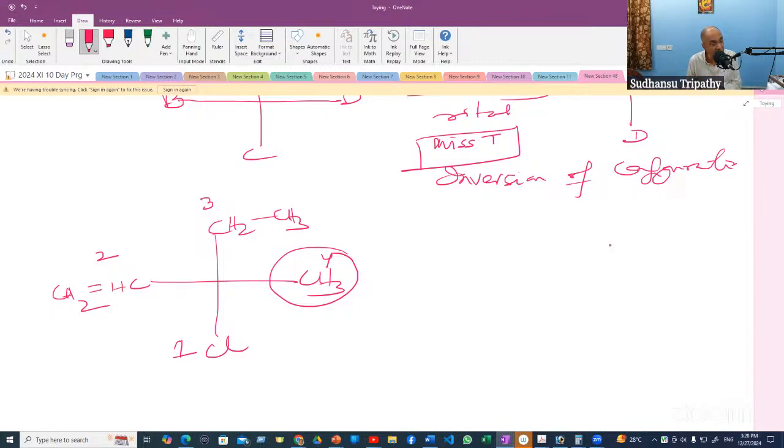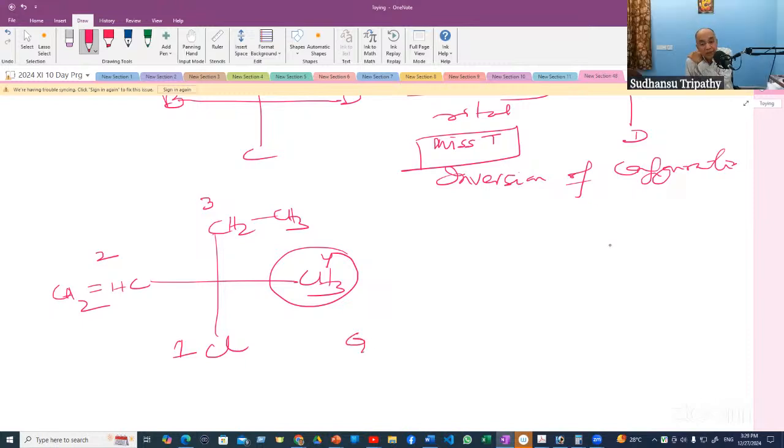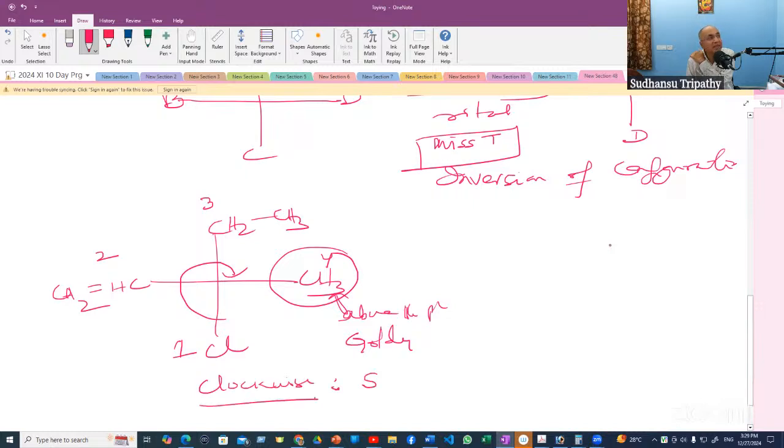If in this formula, then which rule you will apply, normal or golden? Sir, golden. If golden, because this is occupying a horizontal position above the plane, then 1 to 2 to 3 clockwise. So clockwise means it is S. Just the opposite. Clockwise is R normal, but clockwise is S golden.